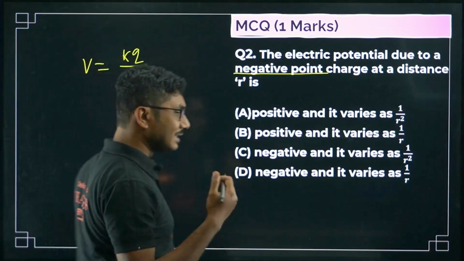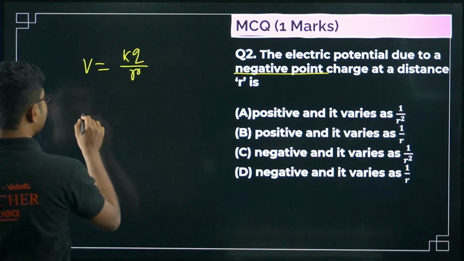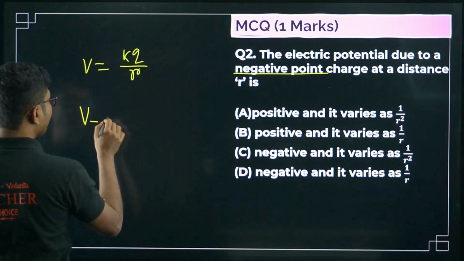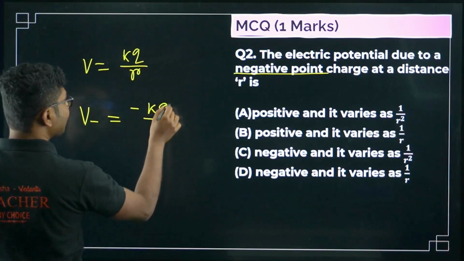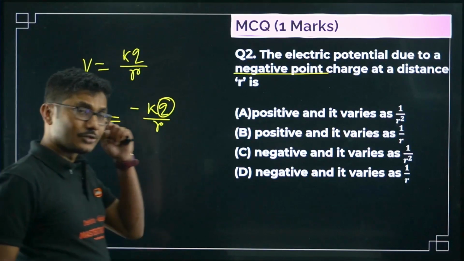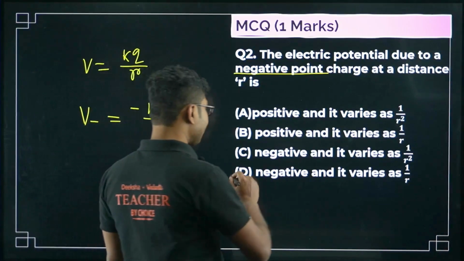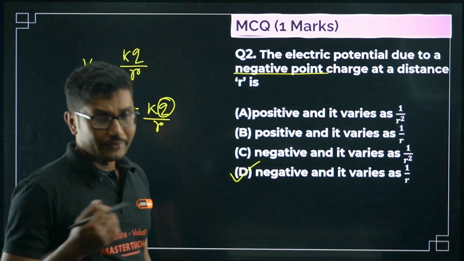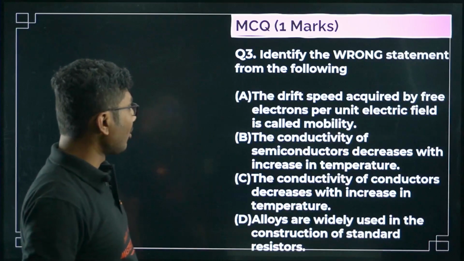For a single positive charge, it is given by kq by r. Now here they have said that the charge is negative, so V will be minus kq by r. Why minus? Because charge itself is negative, so that negative sign will reflect in the potential, so it will be negative and it varies with 1 upon r, right? So this is the answer. Slightly tricky but not super difficult.